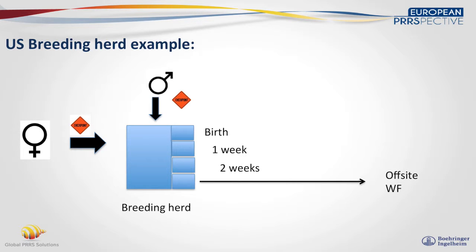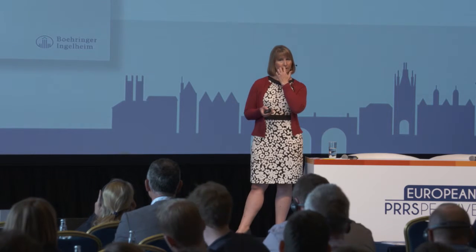Some of those boar studs would sample, they would either do ear swabs or jugular sticks, and they would potentially take a statistical sample of all the boars once a week for PCR and ELISA. That would be the low end of the spectrum: all the boars in the stud once a week. The high end of the spectrum is every single boar every time they're collected.